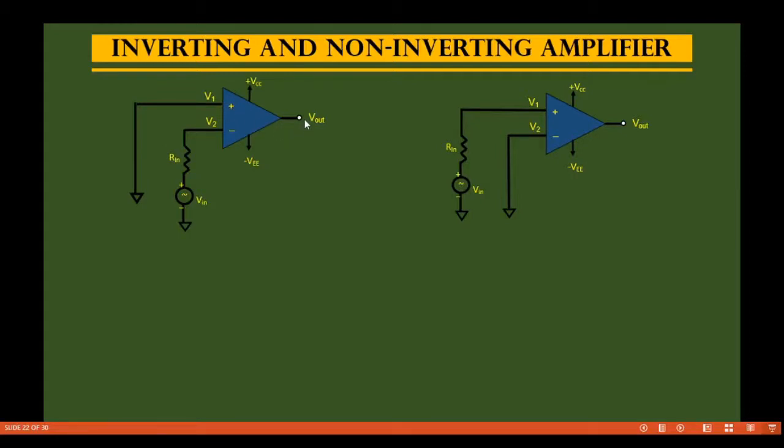This is open loop configuration again, but in inverting form. Now in case of non-inverting, as you can see here, we have grounded the inverting terminal, and the non-inverting terminal is fed with the input voltage. So the output of the op amp in case of inverting is minus A times Vin, and in case of non-inverting it is A times Vin.